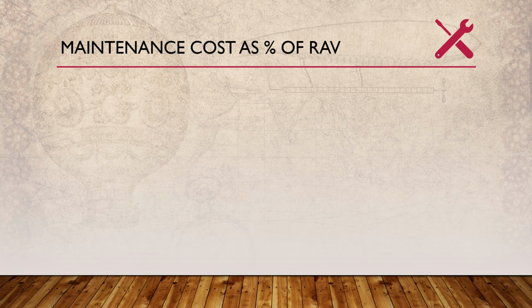So this is another KPI. It measures cost efficiency. The benchmark is 2 to 4% of replacement asset value. So let's say if your asset is worth $10,000, 2 to 4% means that 200 to 400 dollars should be the cost of the maintenance.